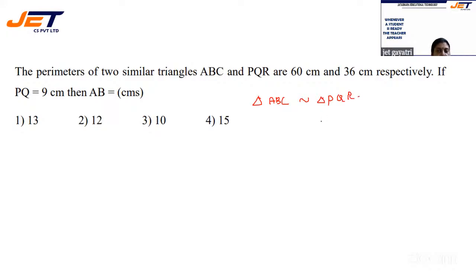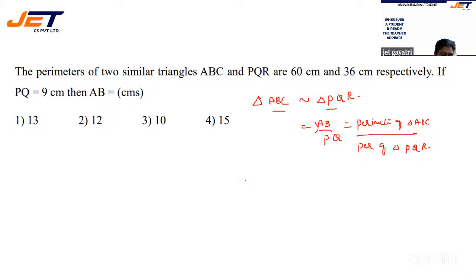So we already know that if it is similar, then AB by PQ must be equal to the perimeter of triangle ABC by the perimeter of triangle PQR.